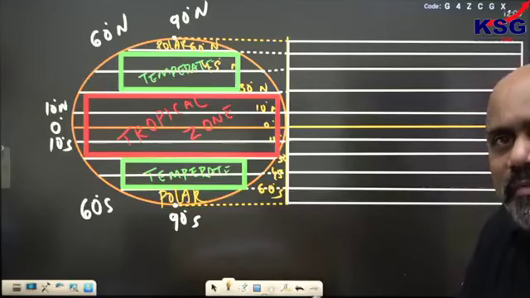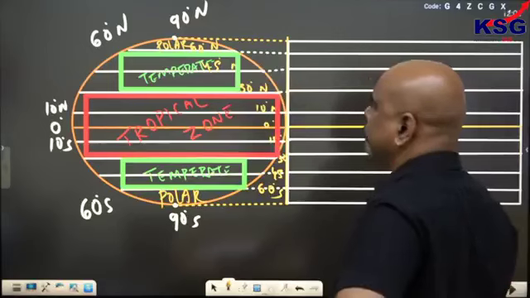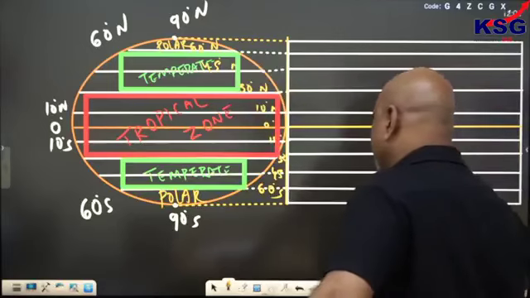Tropical zone is a high temperature zone. Polar zone is cold zone, cold polar area. Temperate zone is in between.